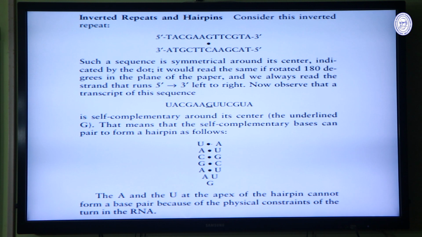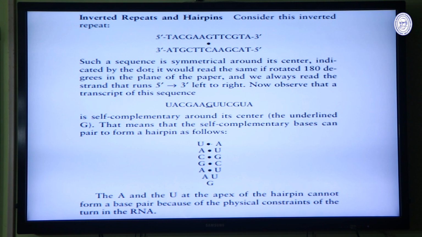Now, if the RNA is produced from the 5 prime to 3 prime sequence, then we will get a sequence like this: UAC, GAA, center G, then UU followed by CGUA. U will be incorporated in place of T. If we carefully notice this sequence, you will find that the first U and the last A are complementary, so they will make a hydrogen bond.